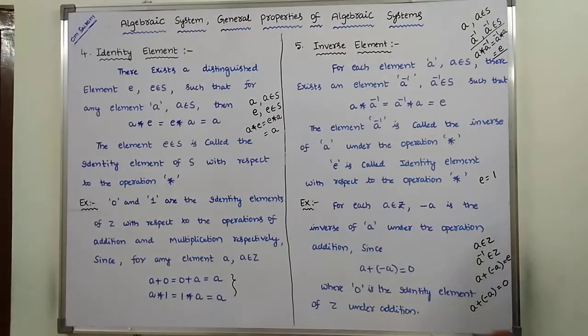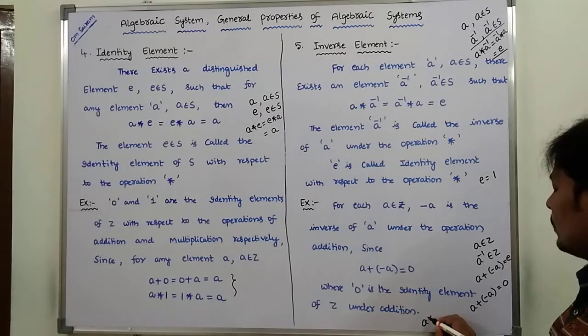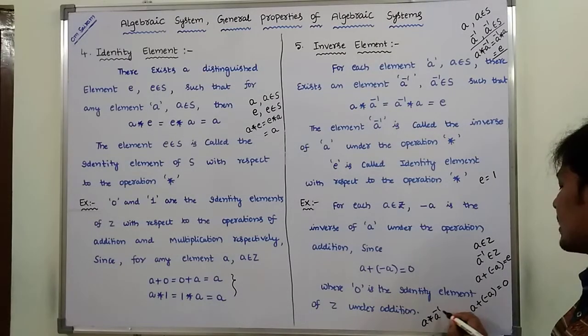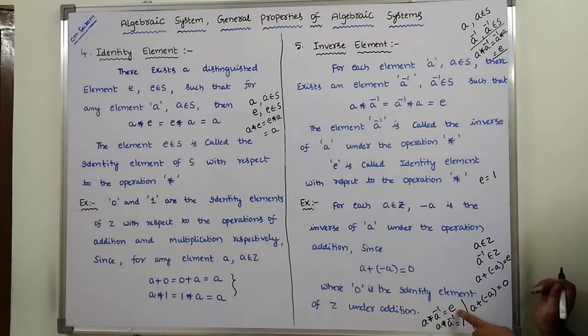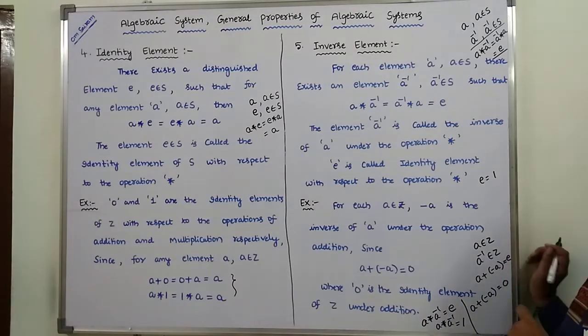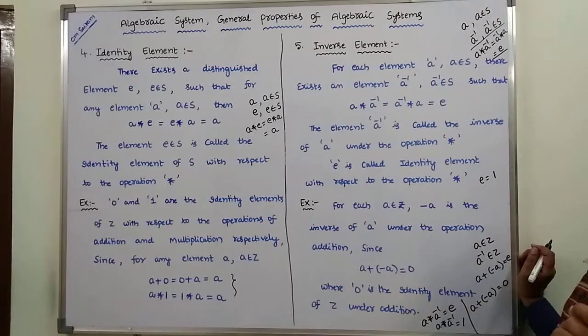In the same way, A into A inverse is equal to E, where E is the identity element with respect to the operation multiplication. So A into A inverse is equal to 1, because here E is nothing but the identity element with respect to the multiplication operation. That value is 1.